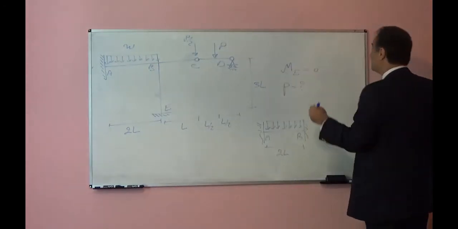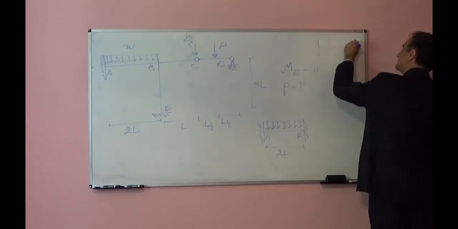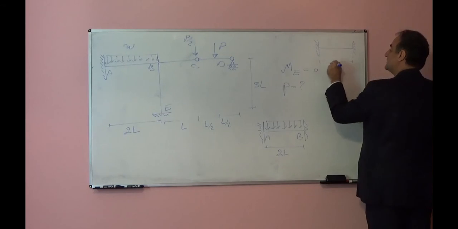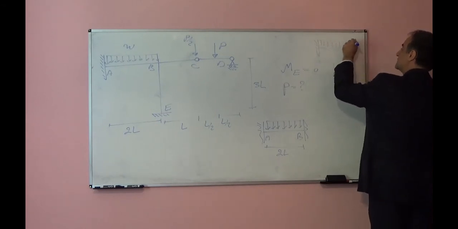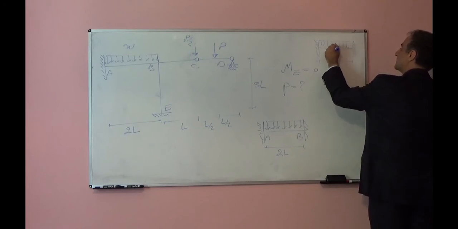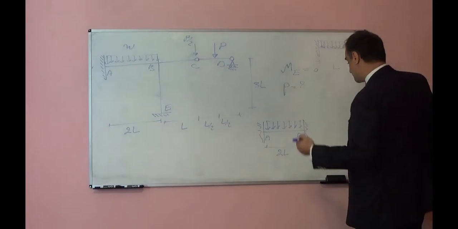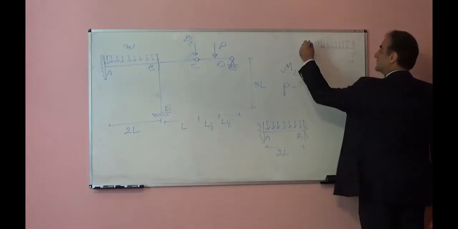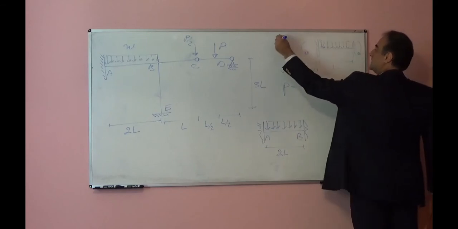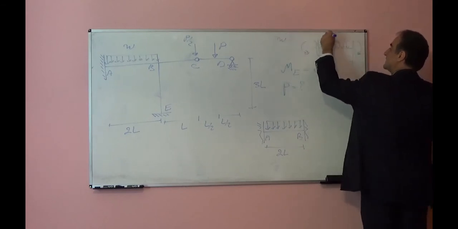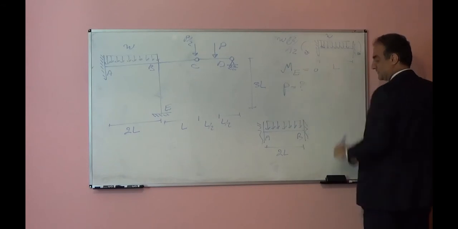If we have a beam, both supports fixed and the length of beam is L, subjected to uniform distributed load, from the table, we know, of course, we can calculate from force method too, the support reaction will be W, intensity of the load, times L squared over 12.